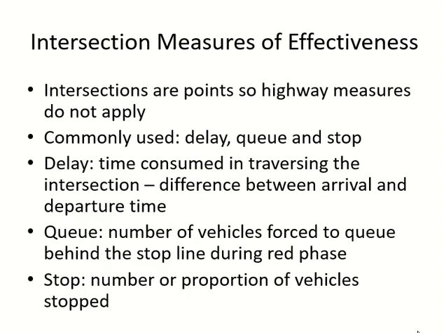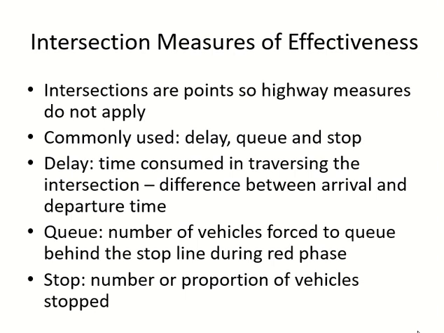When we were dealing with highways, freeways, multi-lane highways, we were talking about free flow speed, density, flow rate, and so many things. For intersections, we cannot talk about these things because at an intersection we force the flow to stop. When you are forcing the flow to stop, the flow becomes zero and the speed becomes zero. The density becomes highest, but not because of traffic; because you forced it.